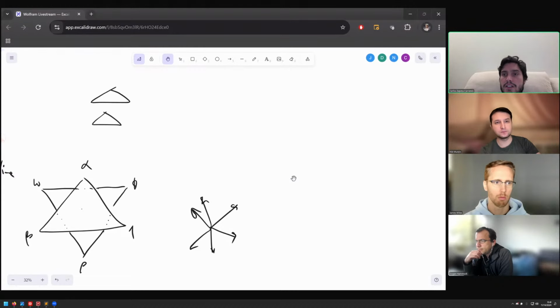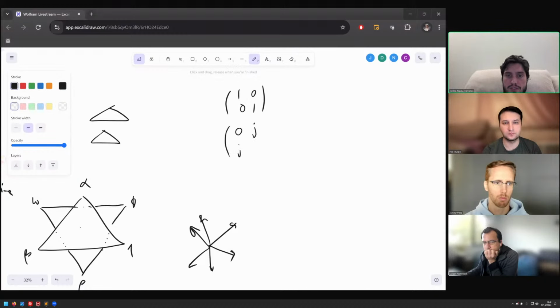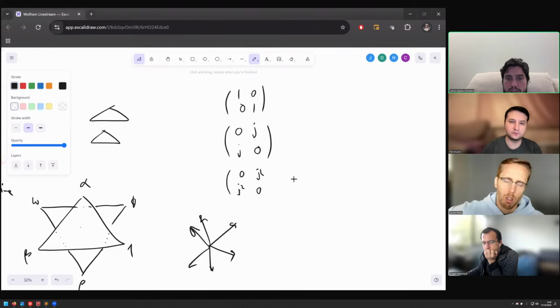So identity, and I believe the 3 matrices were identity, and then I think these matrices omega. I mean, I'm not going to use omega, I'm going to use J, I already used it. I think these were the matrices.